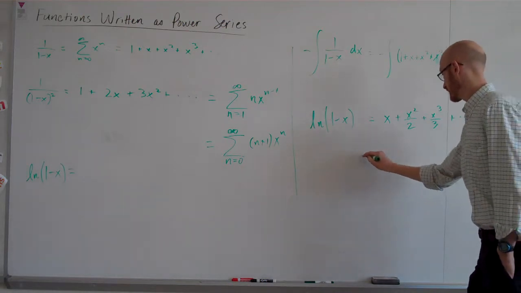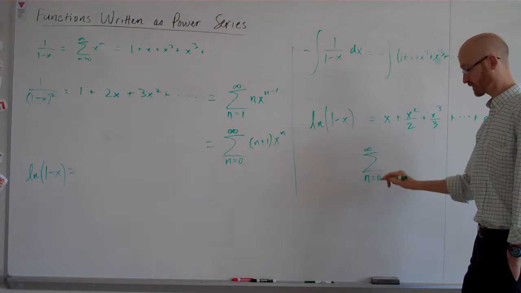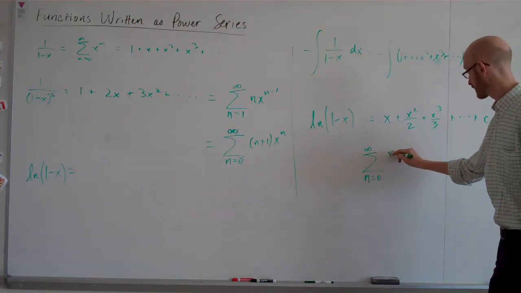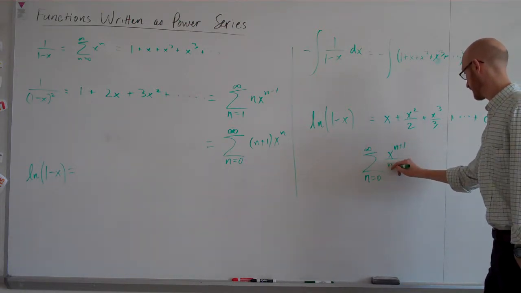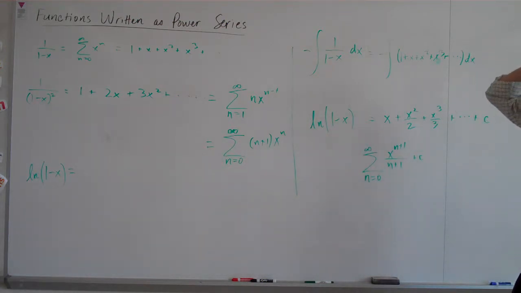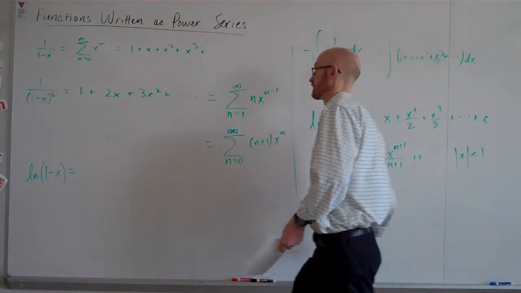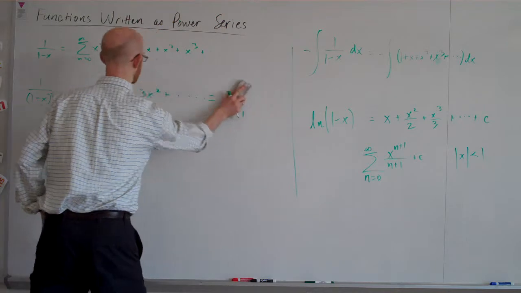So we can now write this as a series, or in sigma notation, n equals 0 to infinity of x to the n plus 1 over n plus 1 plus c. And we should say again that we should respect the convergence.